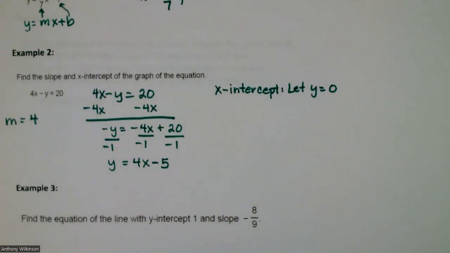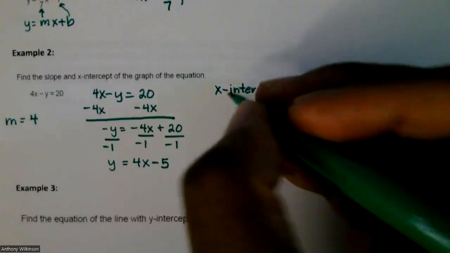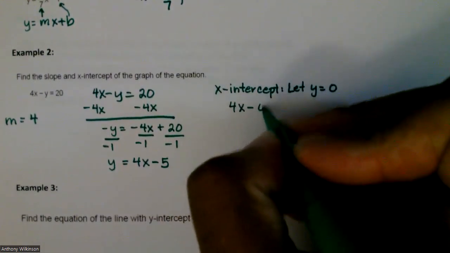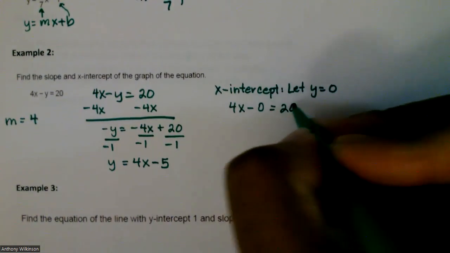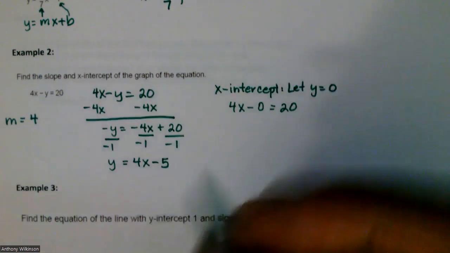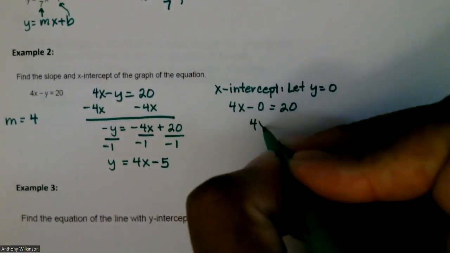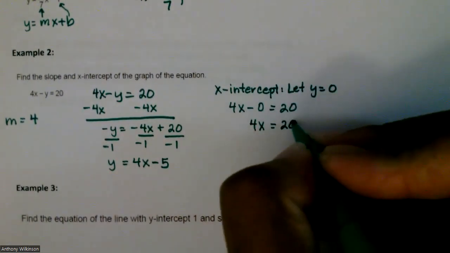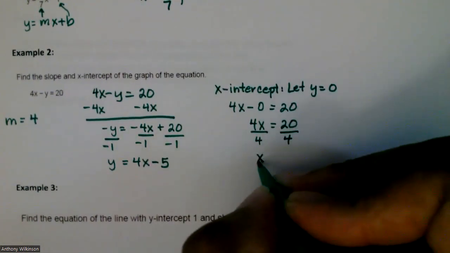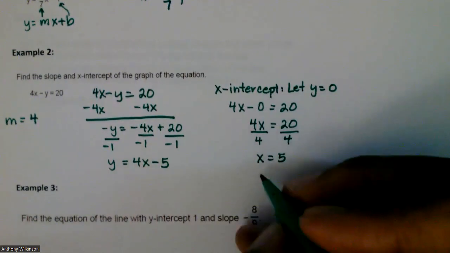So in this case, I'm going to substitute 0 in for the y. So it'll be 4x minus y, which will be 0, equals 20. 4x minus 0 will give you 4x, so 4x is equal to 20. Divide both sides by 4 to solve for x. That means x is equal to 5.